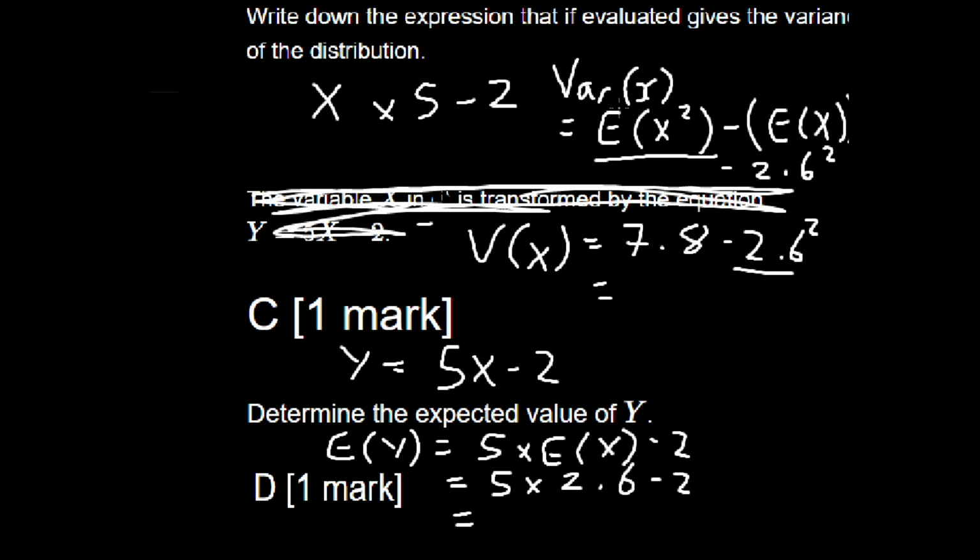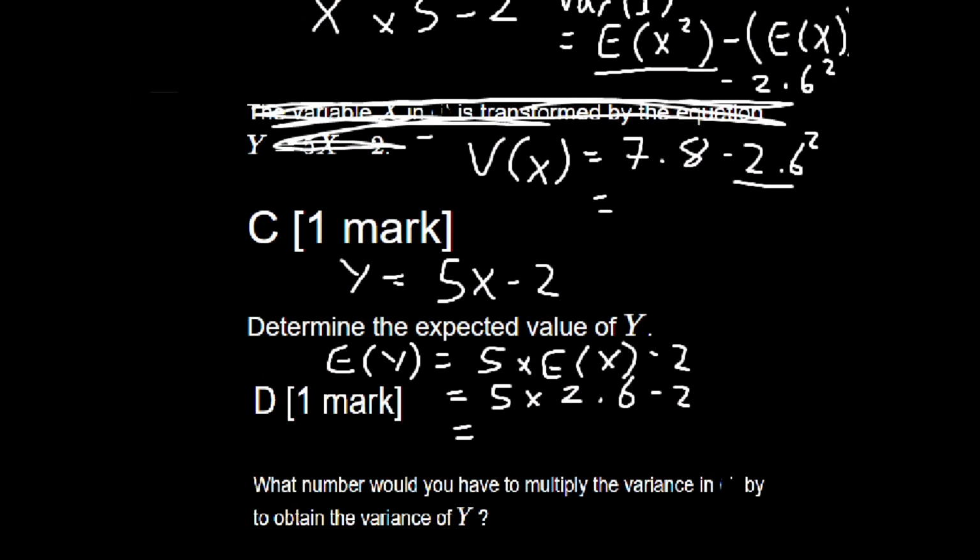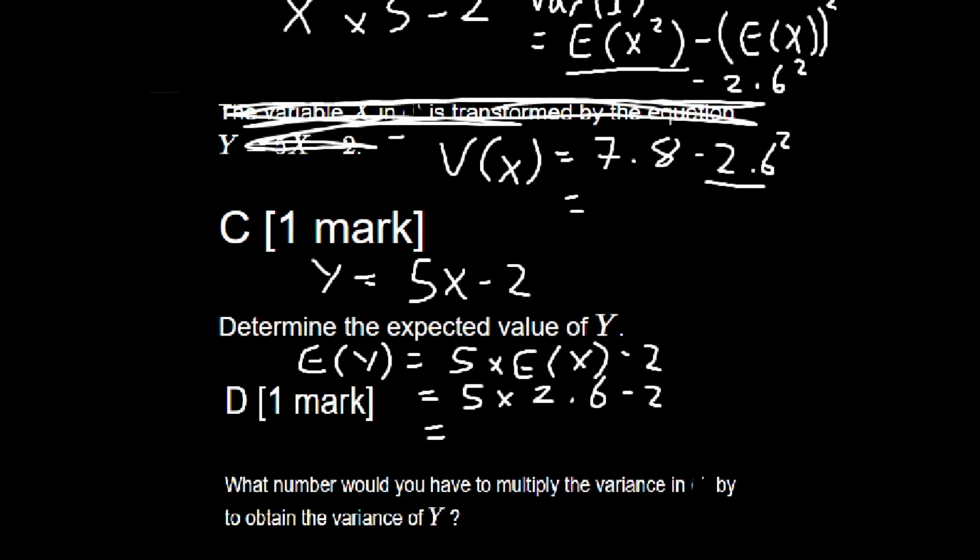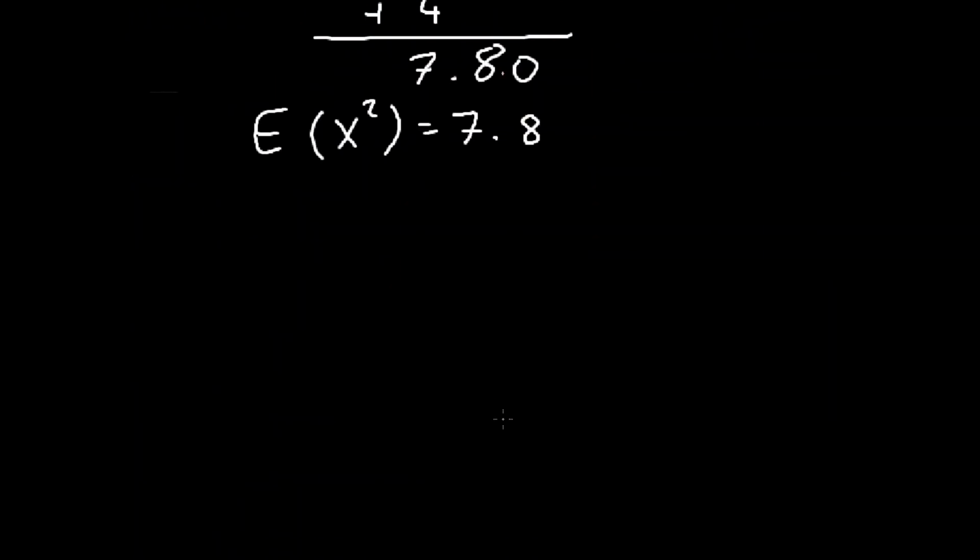Really quickly, I'm just going to do it in pink because there's a lot of writing here on the screen. So I'll move it across, then we've got more space to work with. We're trying to find our expected value of y. Because it's just a linear transformation, we can use the same expected value because it just shifts the bell curve, or whatever the distribution is.